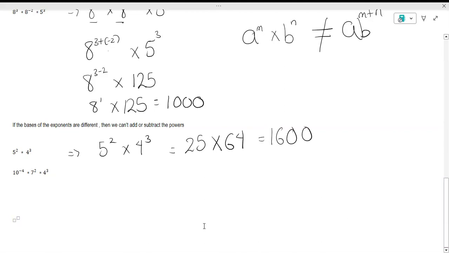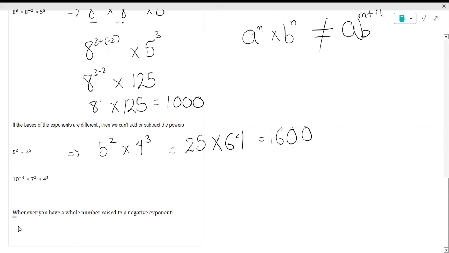Now we have this one, 10 raised to the power minus 4 times 7 squared times 4 cubed.